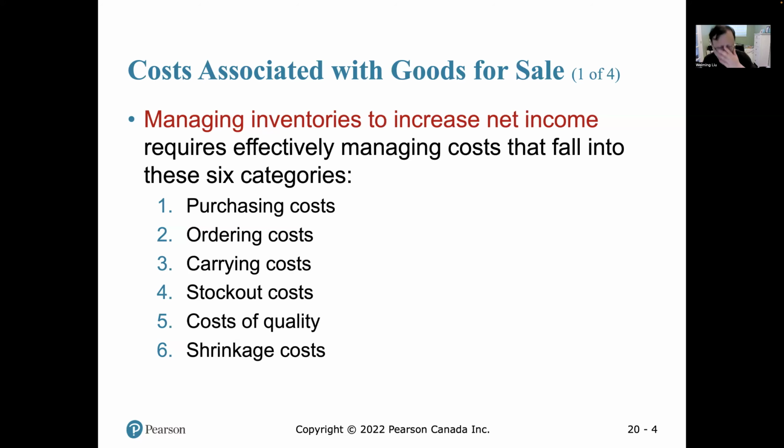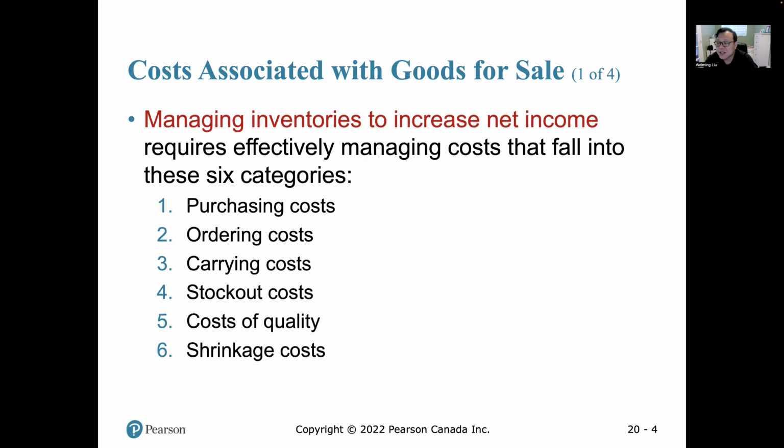Third, carrying cost: if you have inventory, you have to place it on the floor or in the warehouse, store it, and safeguard it so it won't be stolen. It takes up space, and it's very expensive when you rent a warehouse. That's the cost of carrying this inventory.